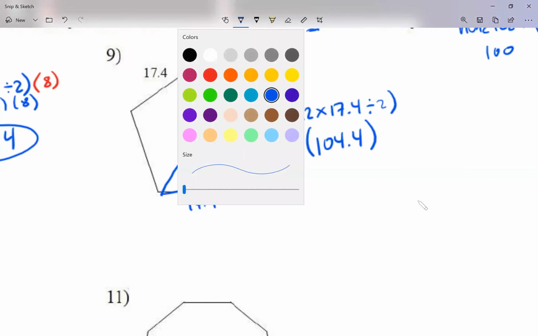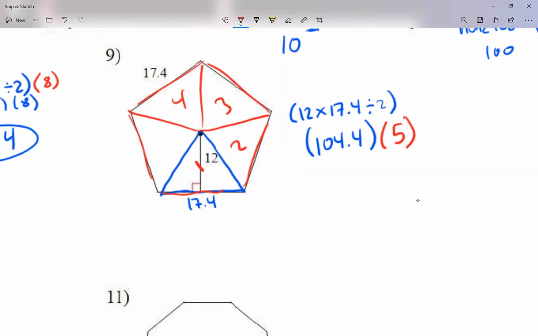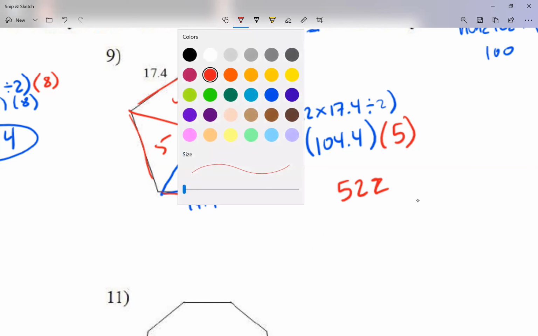I count how many sides my polygon has. It has 1, 2, 3, 4, 5. So I'm going to multiply this by 5, because if I break down my polygon, I see there are 5 triangles. So 104.4 times 5 gives me 522. Nice. Get the area of one triangle and multiply by how many sides there are.